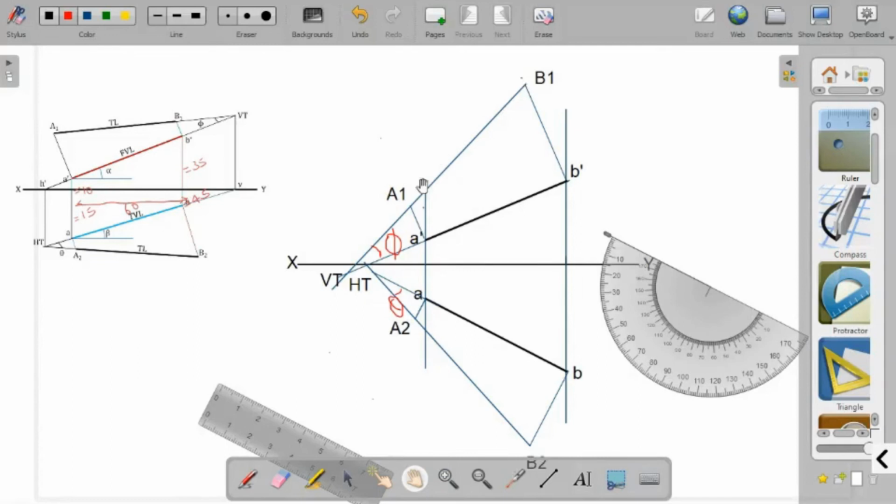Then extend another two perpendiculars from A and B, that is the top view of capital A and capital B, that is small letter A and small letter B are drawn, and the distances marked are the distance of A dash and B dash line.